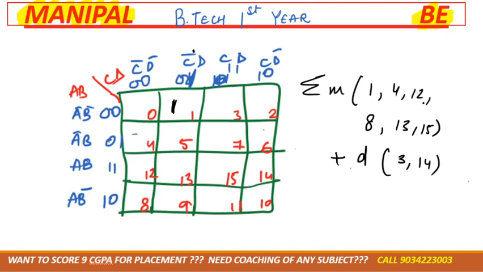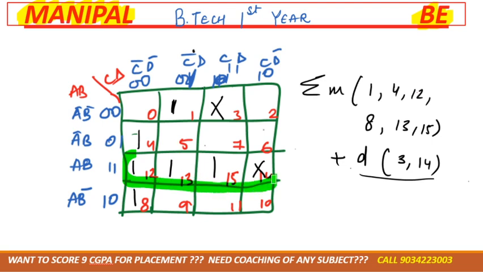So what you'll do is mark these: 1, 4, 12, 8, and mark the don't cares with a cross, right? So in this case, if you include this don't care friend, a bigger group will be formed.